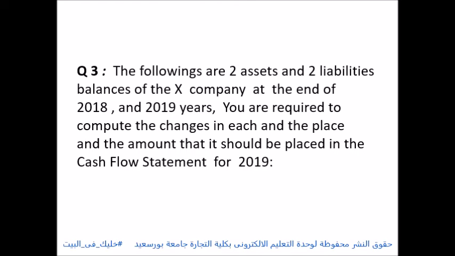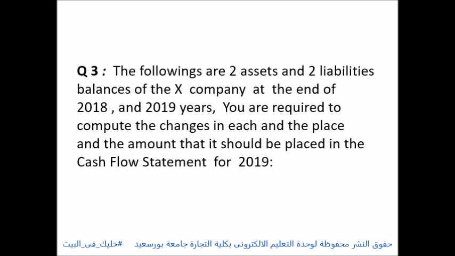Question 3. The following are two assets and two liabilities balances of X company at the end of 2018 and 2019. You are required to compute the changes in each and the place and amount that it should be placed in the cash flow statement for 2019.